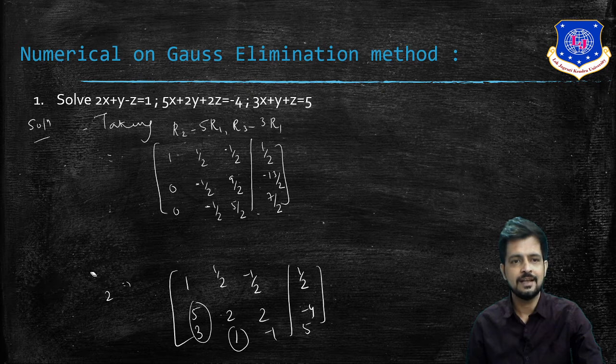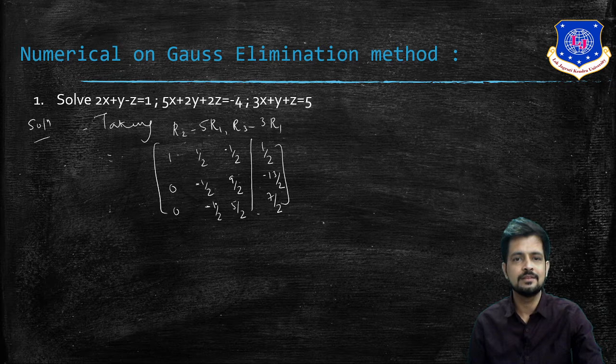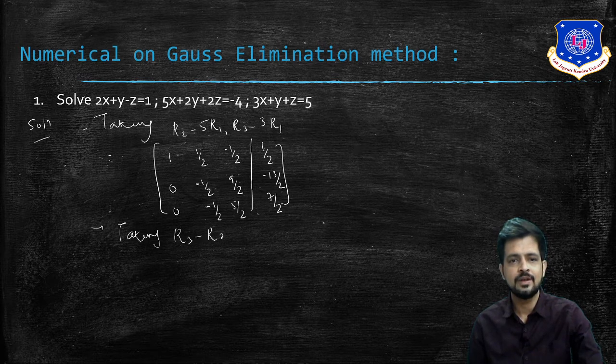Okay, what is our next step? See, in the next step, we have to make this element as 0. So how I can do this? By taking R3 minus R2, I will get this matrix.